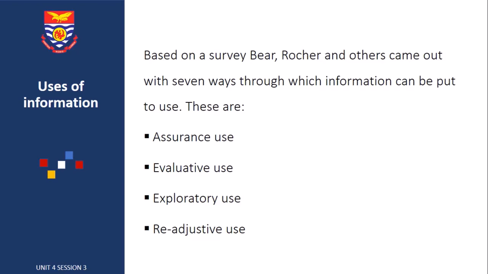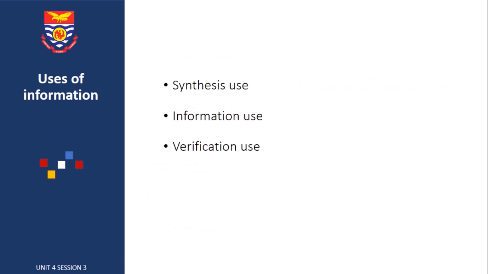Then maybe the final was readjustive use, and this one also explains the fact that for students who have markedly inappropriate goals, information data may be used to help them reorient themselves to different levels of goals or objectives. Now, again, synthesis use.